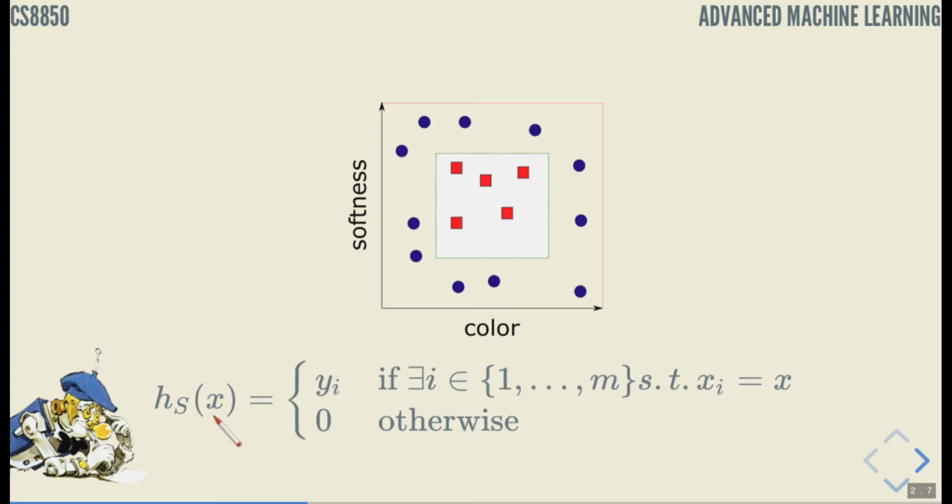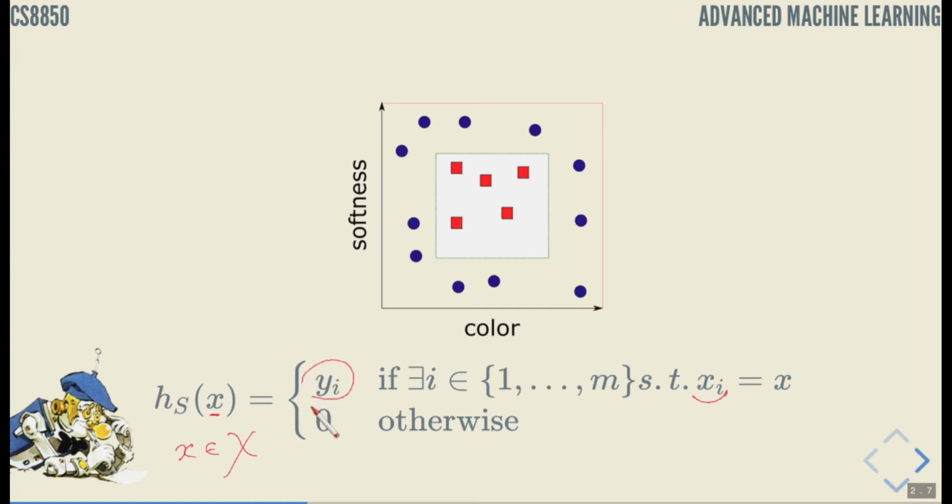And what I will do is the following. If you give me a new papaya, I will check if it has exactly the same combination of properties as something I've seen before, one of those blue and red samples. Then I will return the label: if that x sub i that has exactly the same properties is tasty, I will return 1. If it's not tasty, I will return 0.